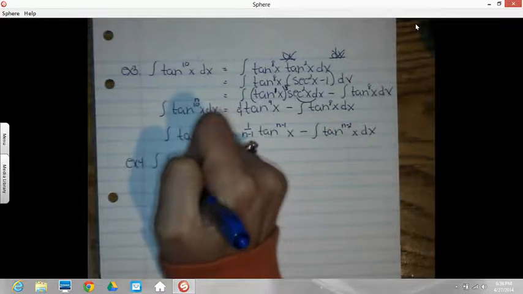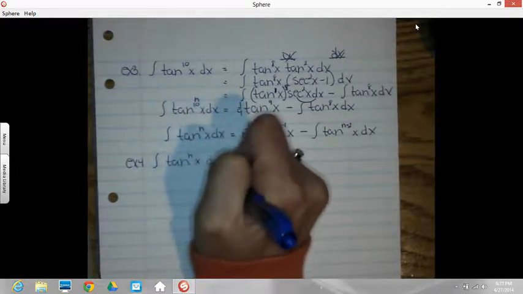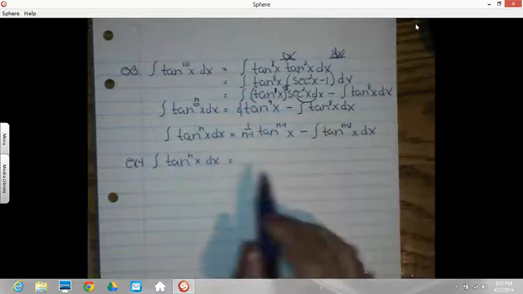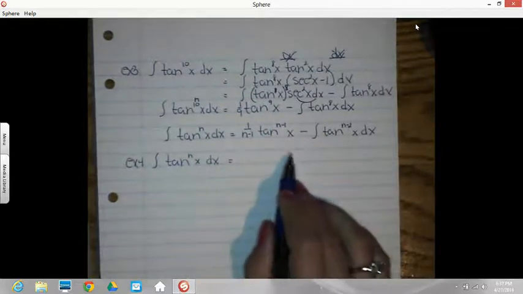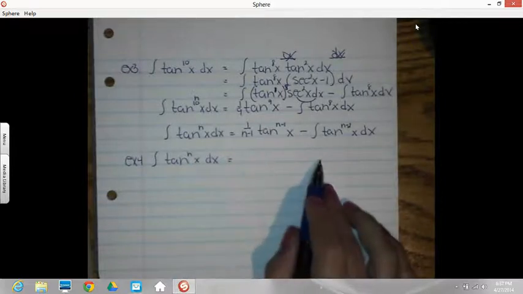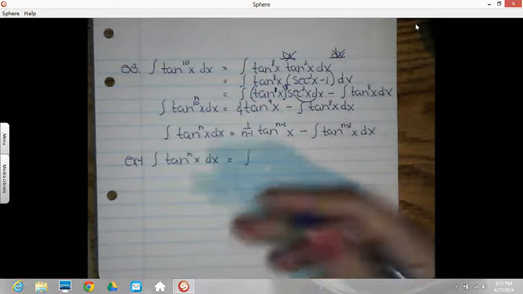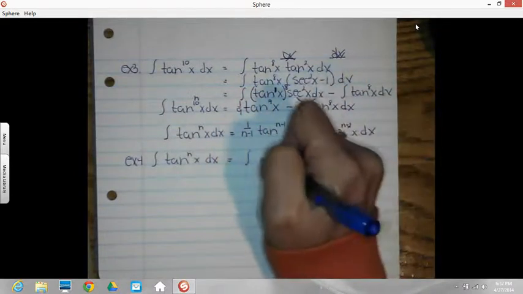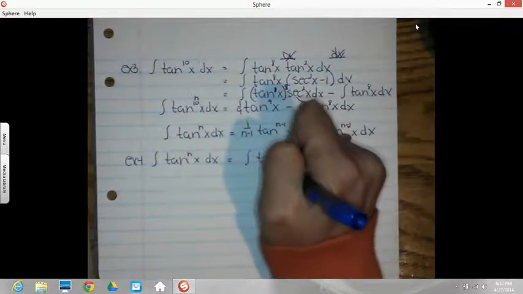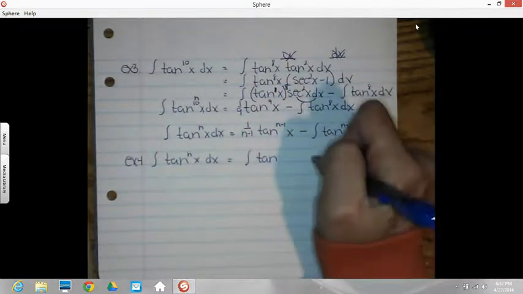So tan to the nth. Again, the trick here was to not do the integration by parts because there's nothing that has tangent that I can integrate with tangent. So what we did was rewrite it so that we could use one of the Pythagorean identities. So I did tan, and I wanted a tan squared, so I'm going to take off a tan squared.